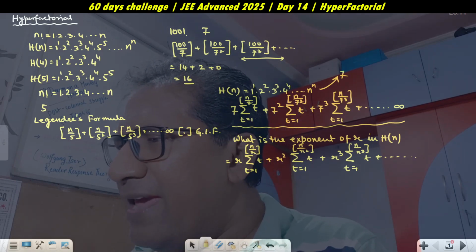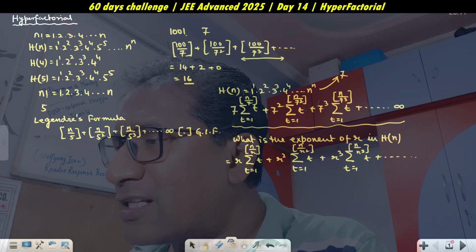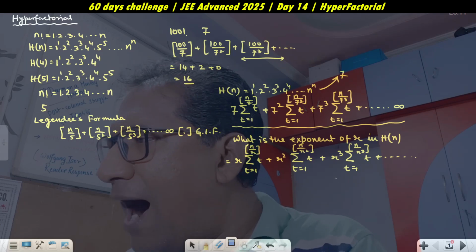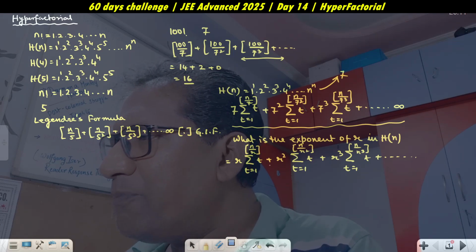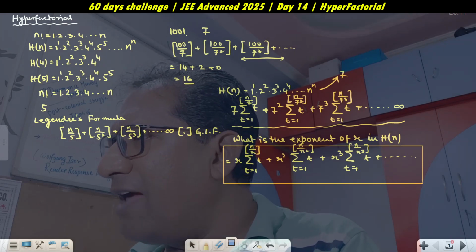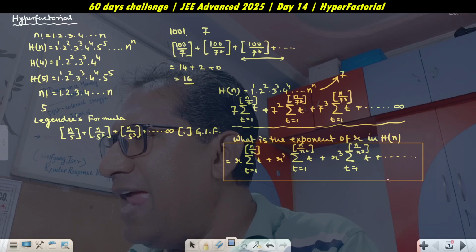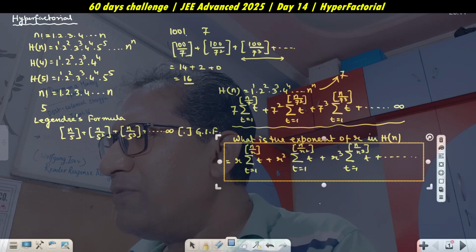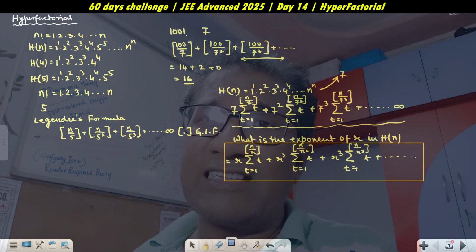This will be the exponent of R in the hyperfactorial n. Okay? So remember this as a formula.